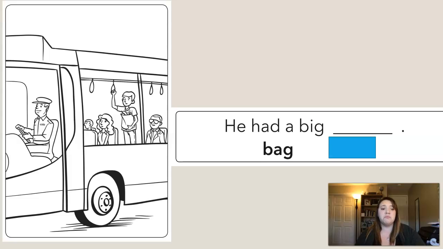Does that make sense? Yeah, it looks like he does. Let's see what the other one is, because when they say the best answer, sometimes they'll have words that are very similar and both of them do make sense in a sentence, but one may not match the picture or the story. So before we say for sure that it's bag, let's see what the second answer is.